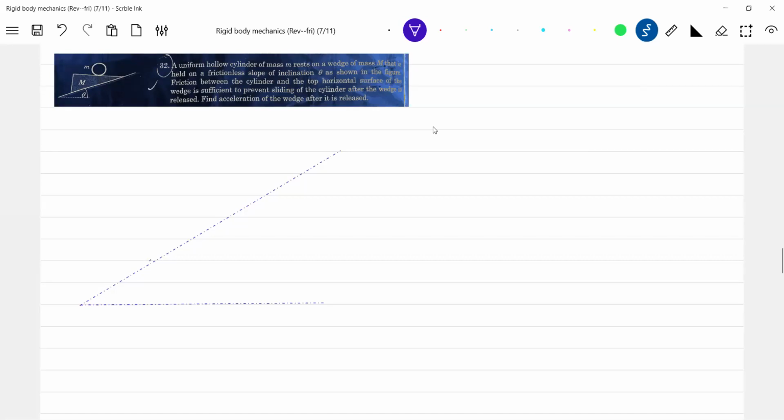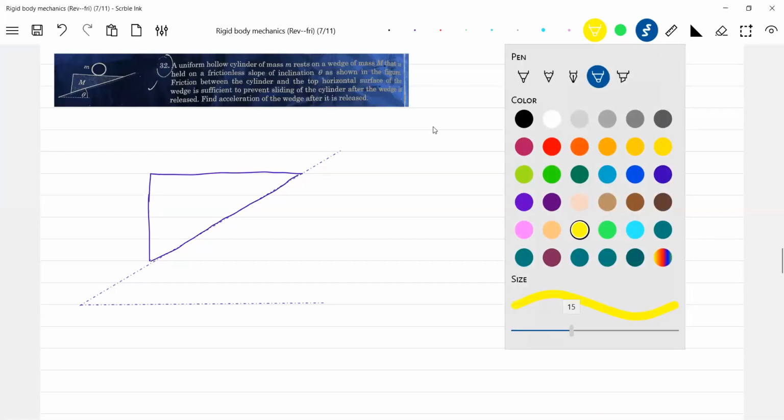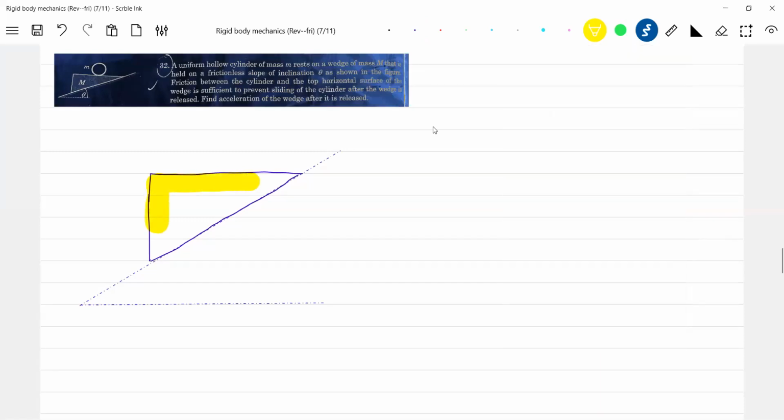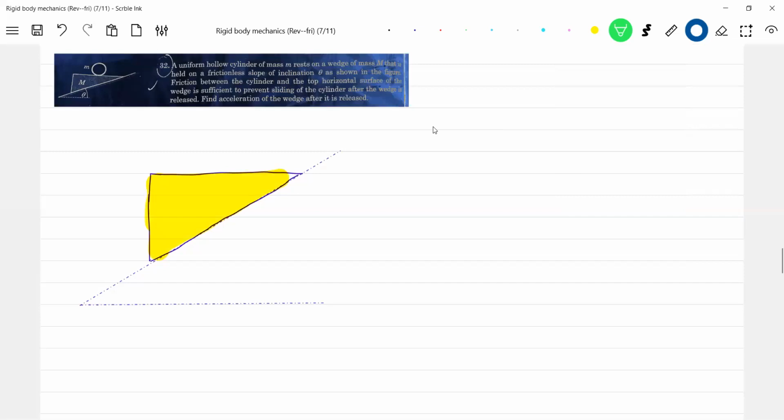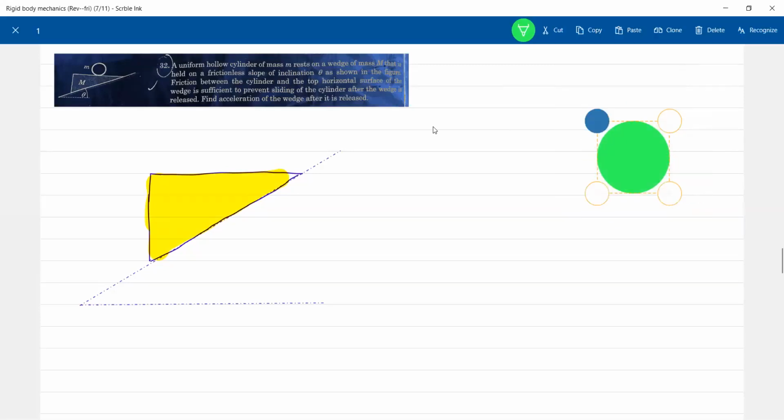This will be the triangular wedge. We have done some problems related to this in laws of motion. Little bit he has brought it in rotational mechanics, where the constraint equation is what will help. Okay, I'll get into the discussion now.